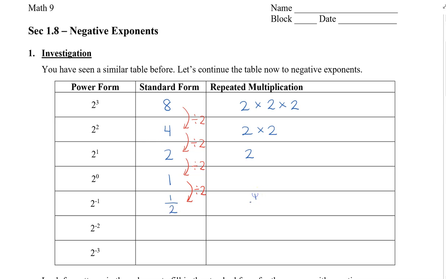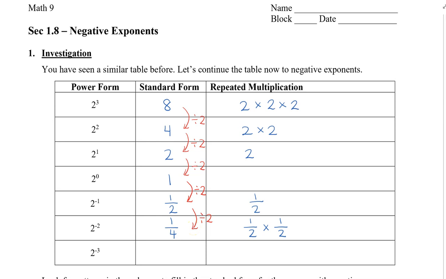So this repeated multiplication is just the single fraction half. Now, if I divide it by 2 again, I would get a half divided by 2, which is the same as saying times 1 over 2. And we know that 1 over 2 times 1 over 2 is 1 over 4 in standard form.